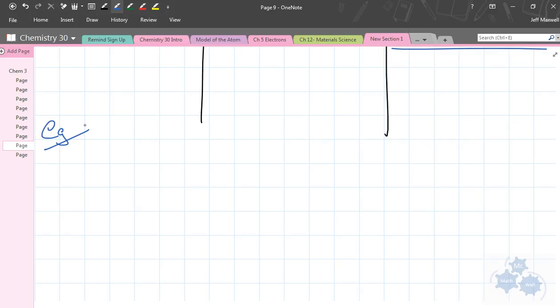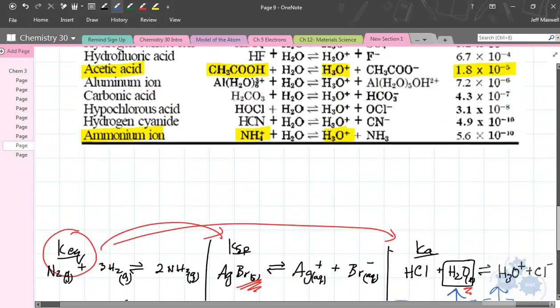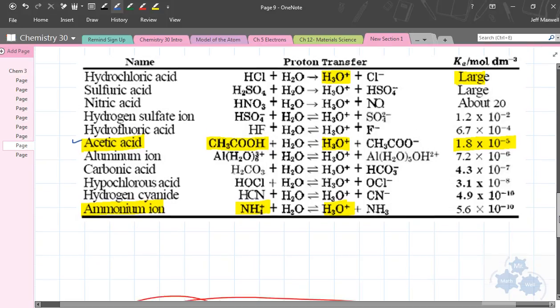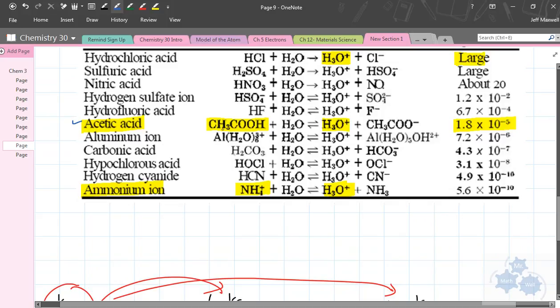So let's take a look again now at this chart. Okay, and let's do an example where we're going to use the acetic acid. Okay, so the acetic acid. All right, and we're going to start off with 0.5 moles per liter of acetic acid.